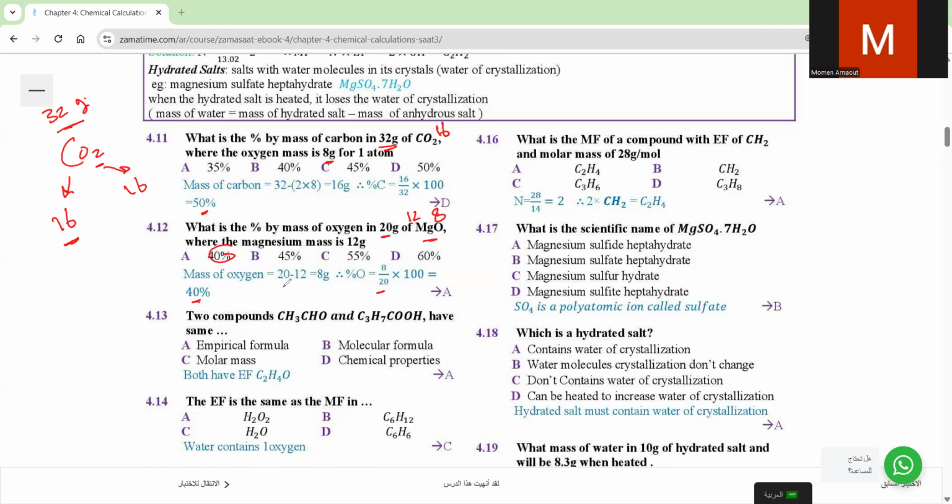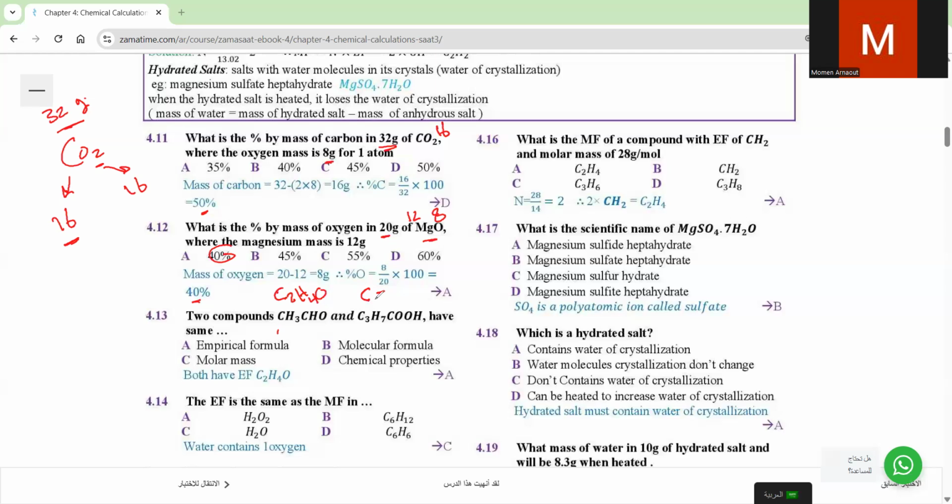Collect it. For this compound, it will be C, how many C? It is 2. H, how many H? 3 here and 1 here, so H4. How many O? It is 1 O. So the molecular formula of this compound is C2H4O.